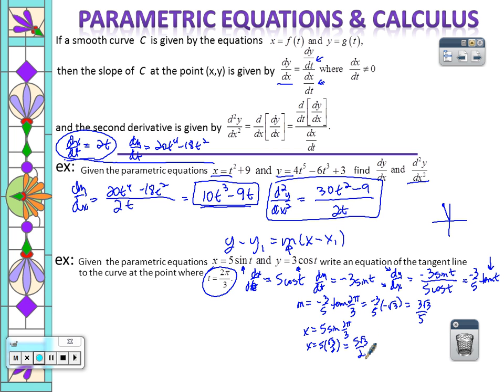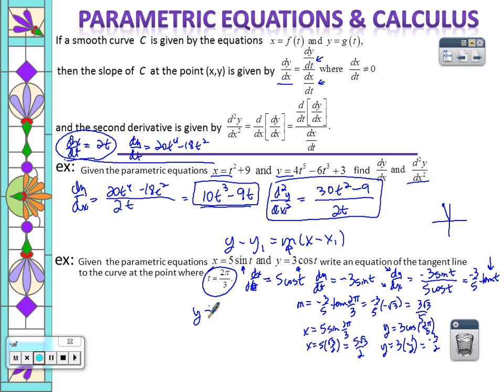Now let's work on the y. y is 3 cosine, and our t value again is 2 pi over 3. Okay, so cosine over here is negative, right? And its value is 1/2, negative 1/2. So we have y equals 3 times negative 1/2, and that gives us negative 3/2. Now we can write our equation, and we are done.